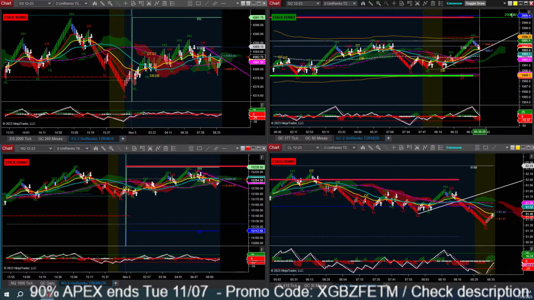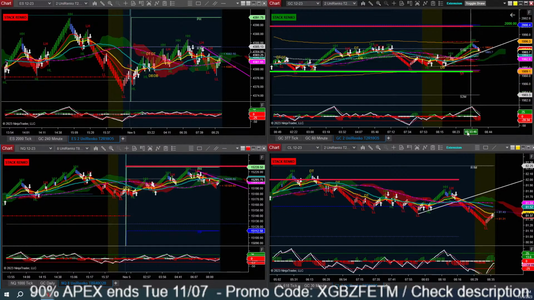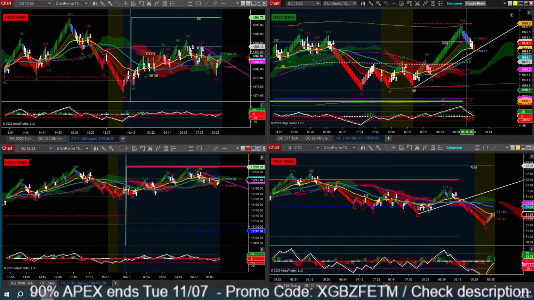If it bounced off of that diagonal that we see there, I don't see any reason to buy now. It seems that it wants to visit the other side.